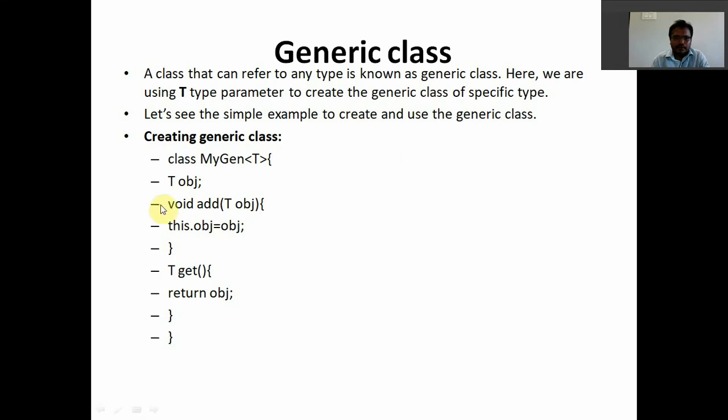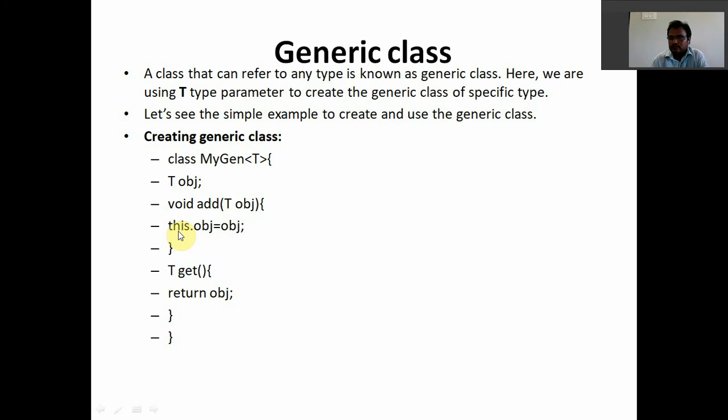In this particular class, this is a variable and this is a method, the add method. With the help of this add method, we are adding a T type of object to this particular class. This you already know, right? This refers to the current class object, since the method level variable and class level variable are the same.